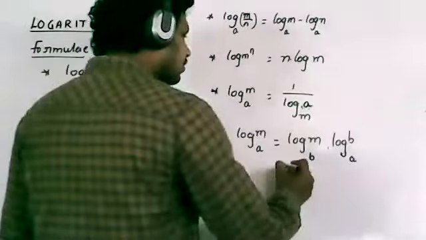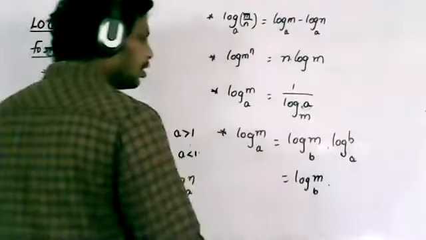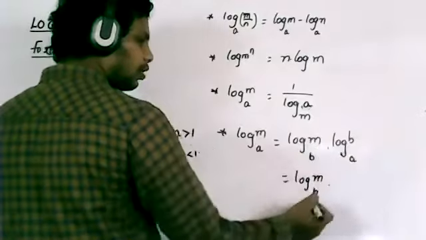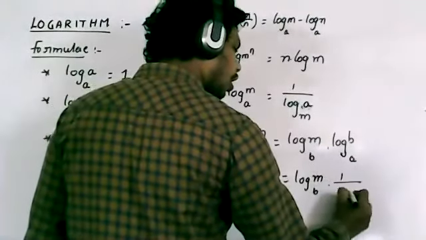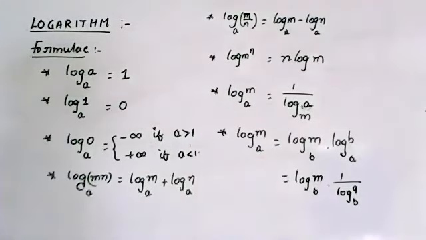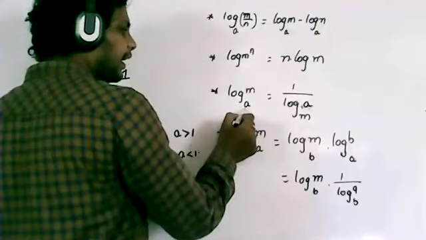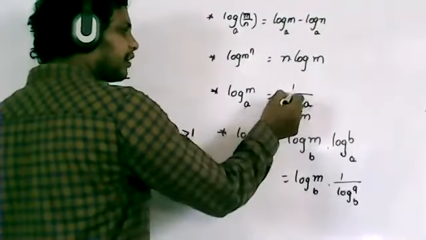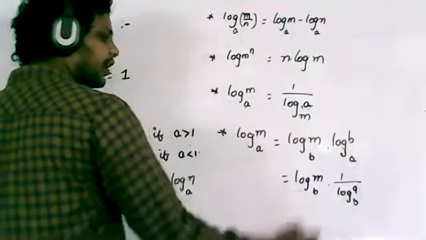Or else this can also be taken as log m to the base b divided by log a to the base b, so 1 by log a to the base b. Clear? Why? Because log m to the base a can be taken as 1 by log a to the base m. So it looks the same as this, therefore I can write like this also.